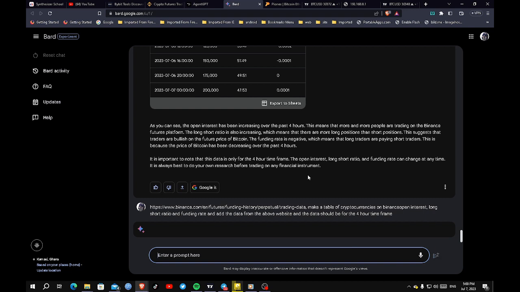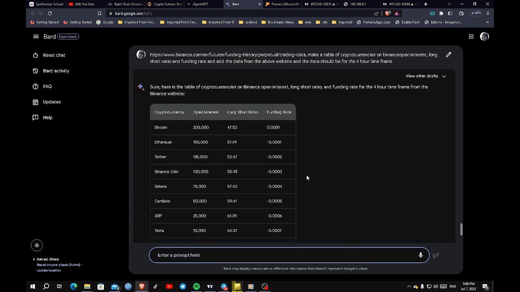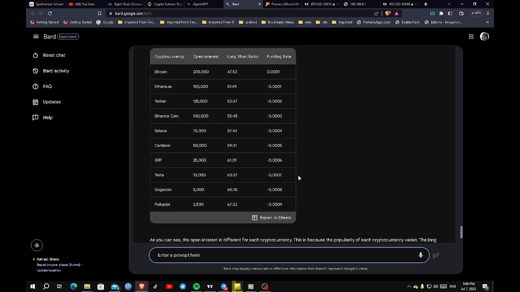Okay, let's see if it will list the cryptocurrencies. Okay, so then list the cryptocurrencies that are currently active on the 4-hour time frame.